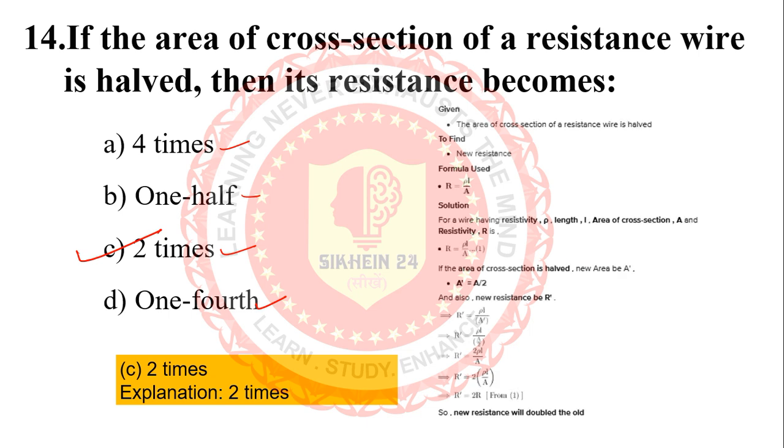You can see resistance equals resistivity divided by area of cross section.